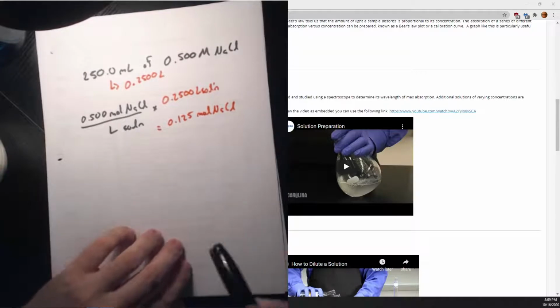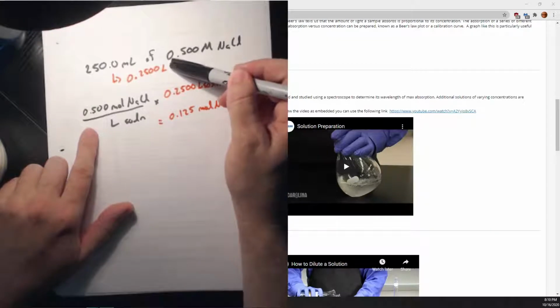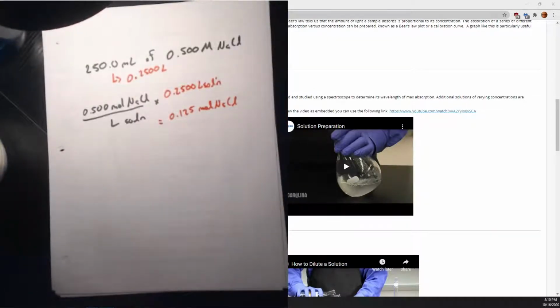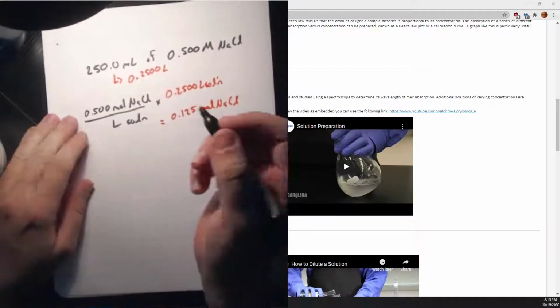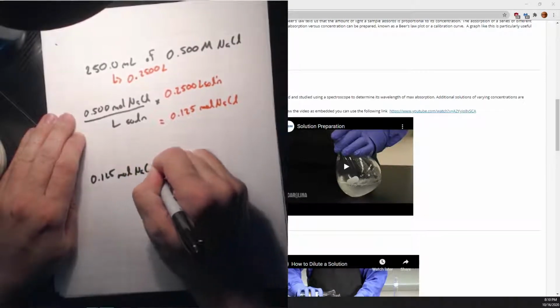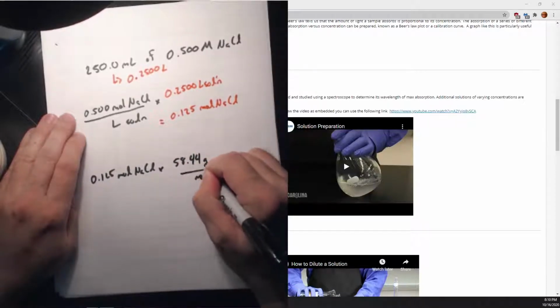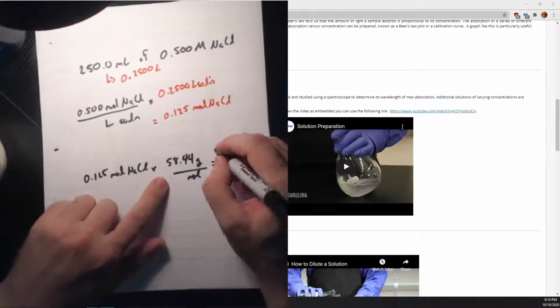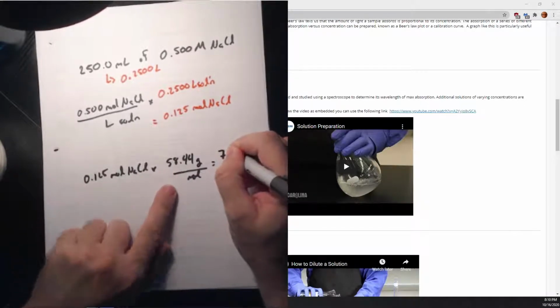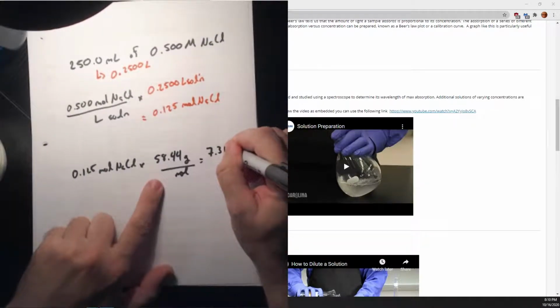So now with that information in hand, how many grams of sodium chloride would we dissolve in 250 mils? Well, it's just going to be 1/4 what we had before, because we have 1/4 the total volume. 0.125 moles of sodium chloride multiplied by 58.44 grams per mole gets us 7.31 grams.